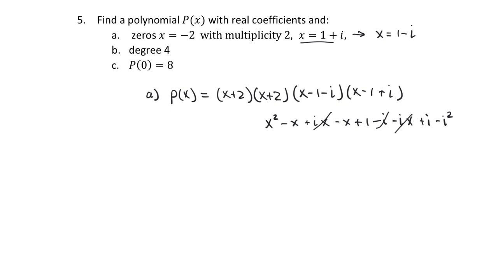So we have opposite terms that'll cancel out. i squared, remember, is -1. So this is minus -1, which is plus 1, and then another plus 1 makes plus 2. So we have x squared, combine the negative x and negative x, negative 2x, and plus 2.